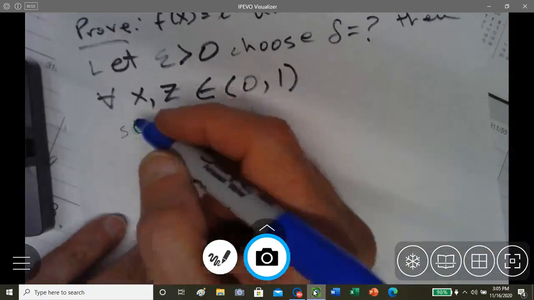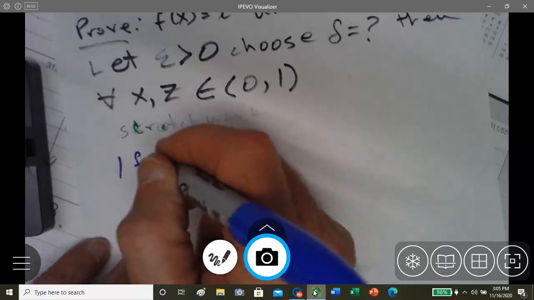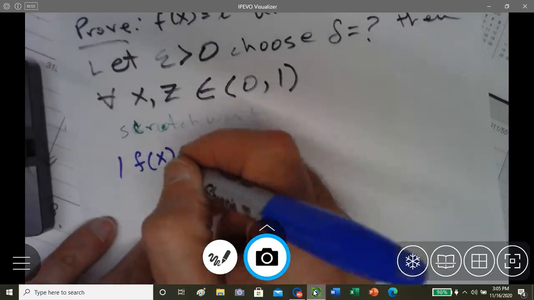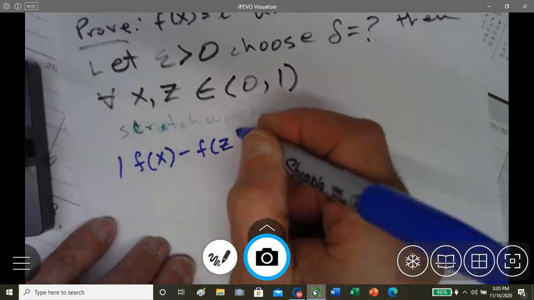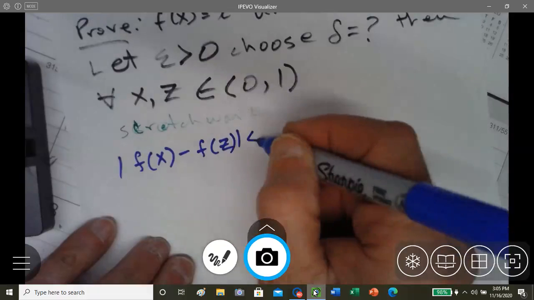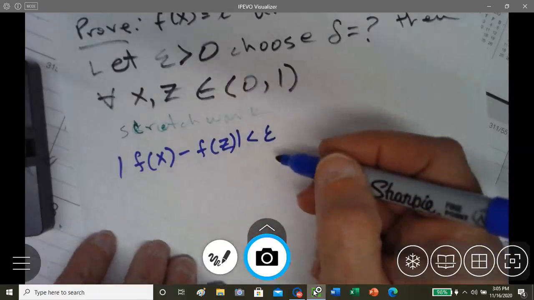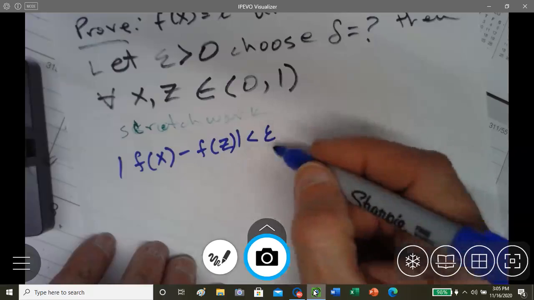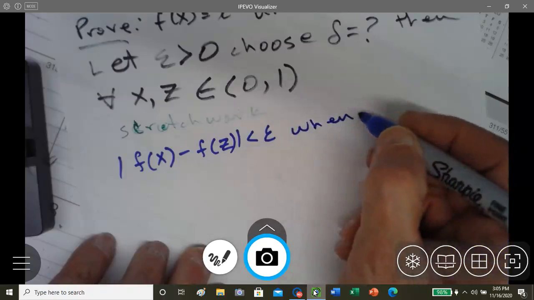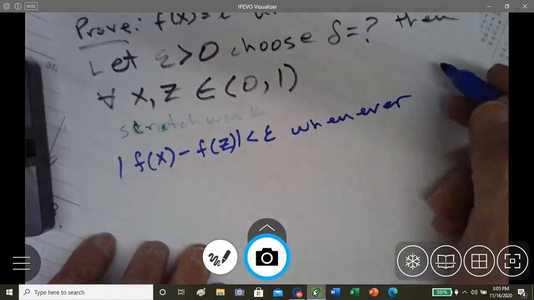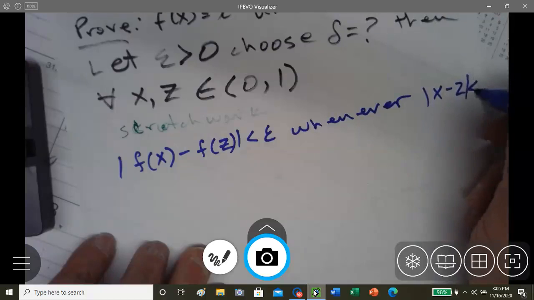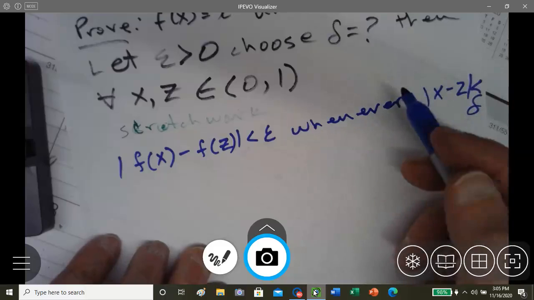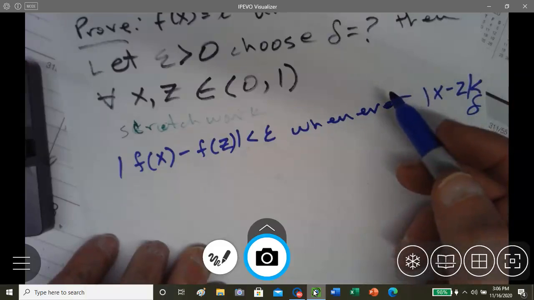So here we have the absolute value of f of x minus f of z is less than epsilon whenever the absolute value of x minus z is less than delta. Okay.